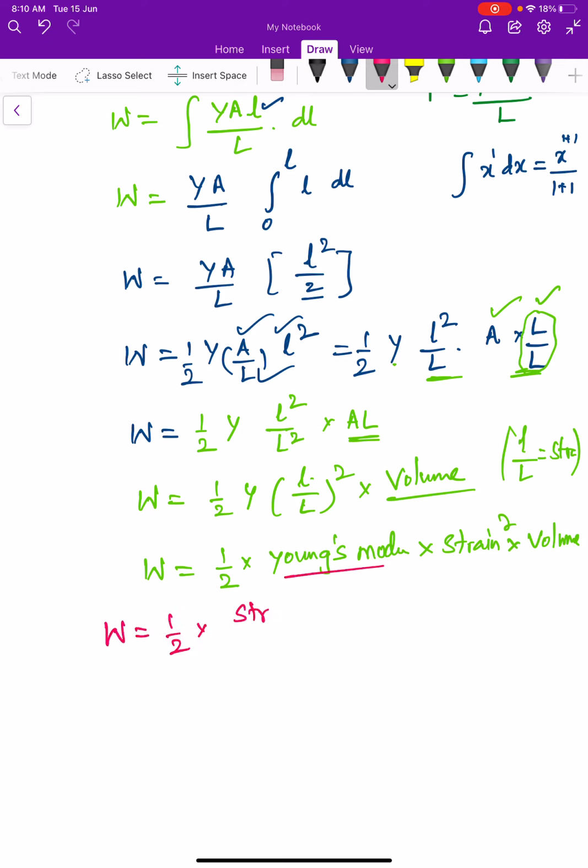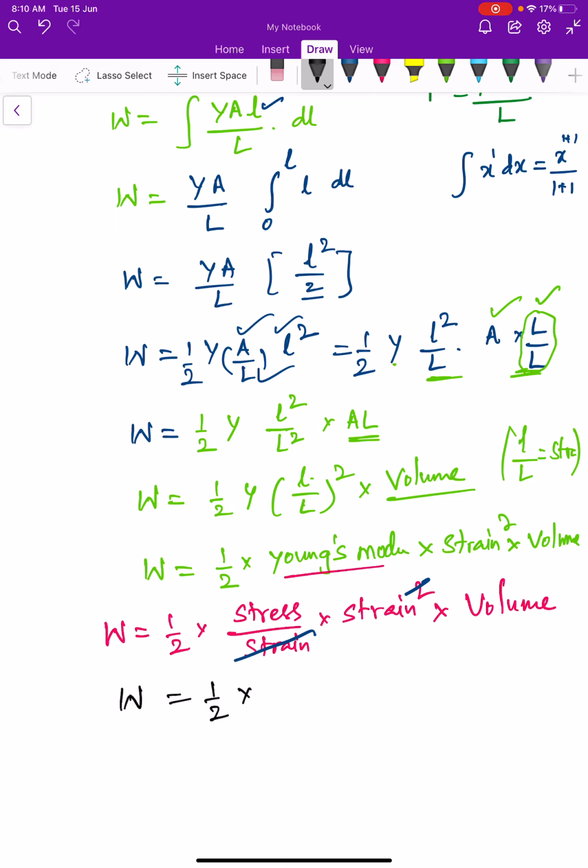Young's modulus is nothing but stress divided by strain. Stress divided by strain into strain square into volume. So here one strain and strain get cancelled. So work done is equal to half into stress into strain into volume. Work done is nothing but energy.